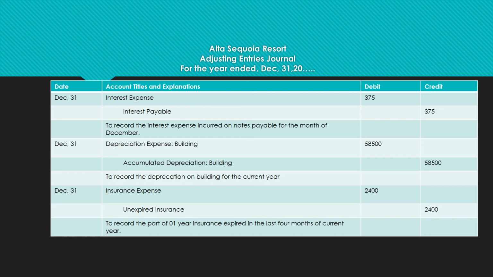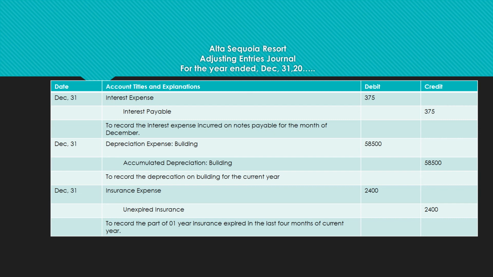So how can we find out depreciation for a year? Simply dividing the cost 1,755,000 divided by the estimated useful life of that fixed asset, which is 30 years. Now the depreciation for 1 year will be 58,500. So depreciation expense is increased.